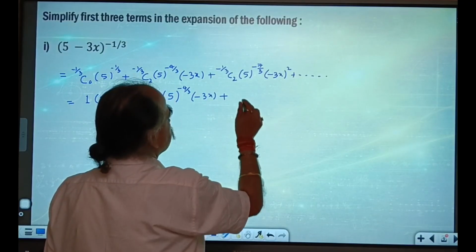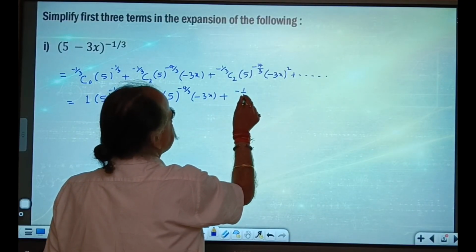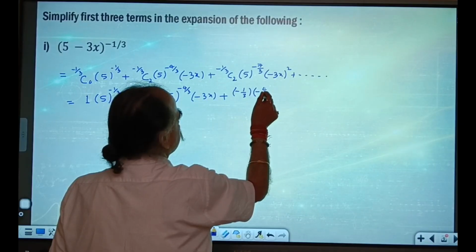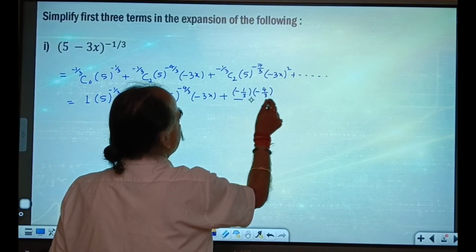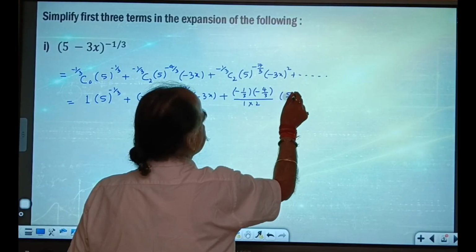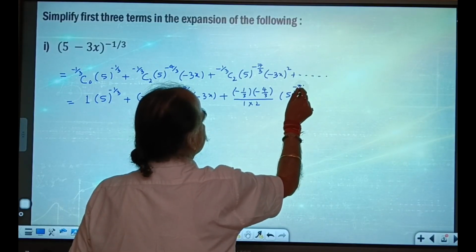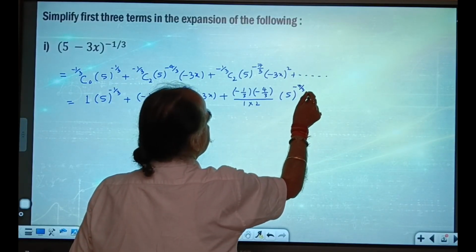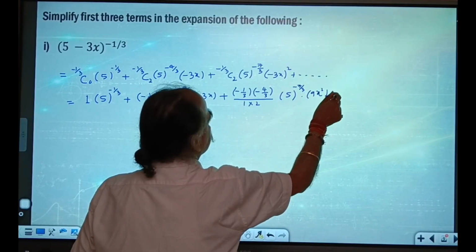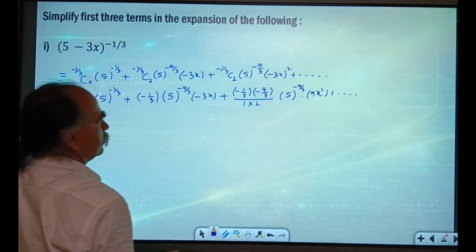Any number C2 is what? Multiply this number from back side for 2 times: 1 minus 4 by 3 upon 1 into 2, 5 is to minus 7 by 3, into plus 9x square, and so on.